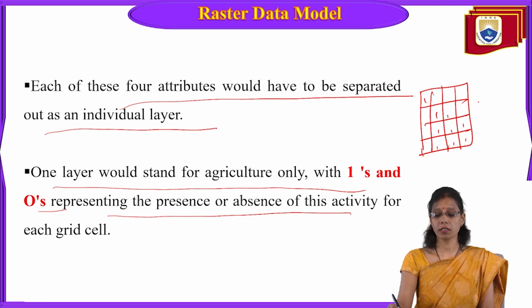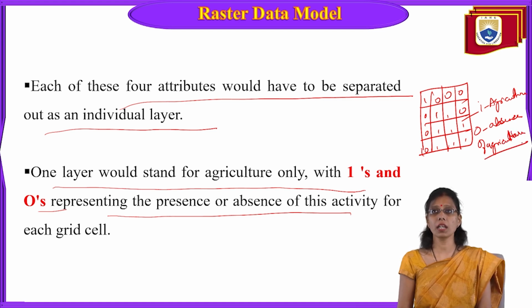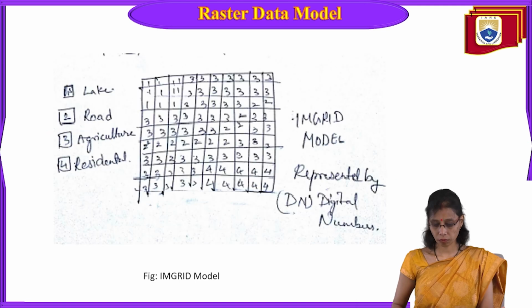These are all agriculture. One is agriculture. Wherever you find 0, 0 means absence of agriculture. So either it is 1 or it is 0.